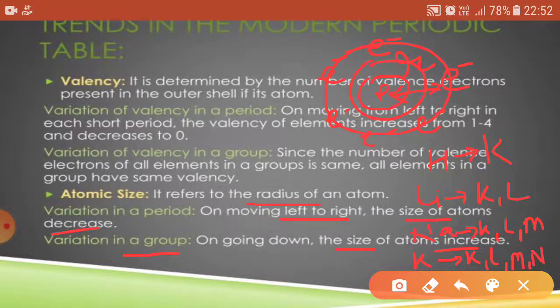It means the number of shells is increasing and the size of the atom, meaning the distance between the nucleus and the electron, also increases. Hence atomic size increases down the group.